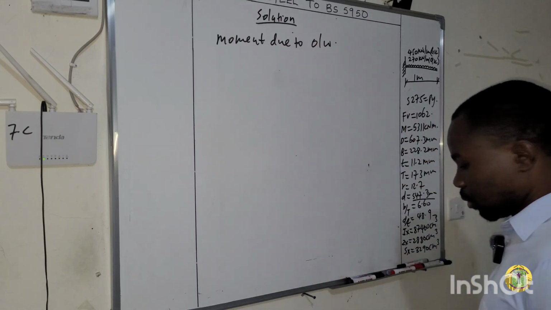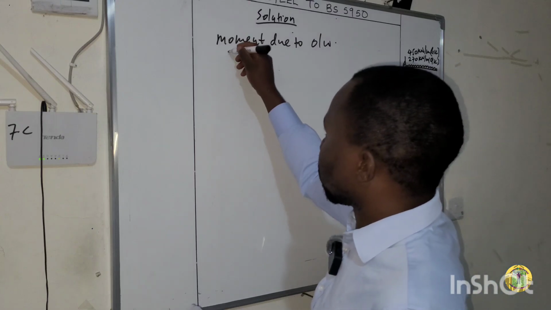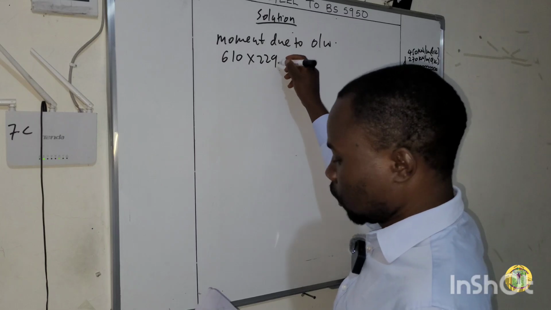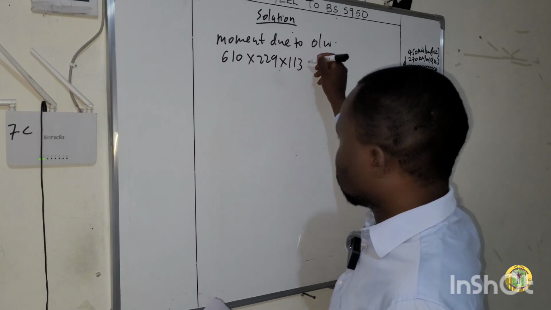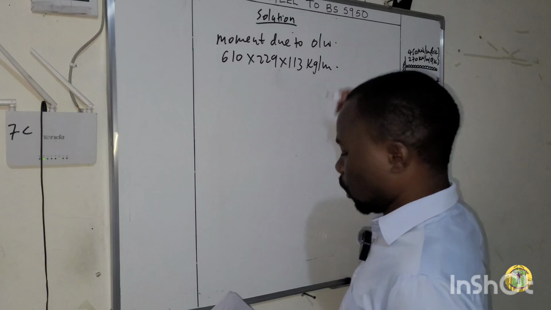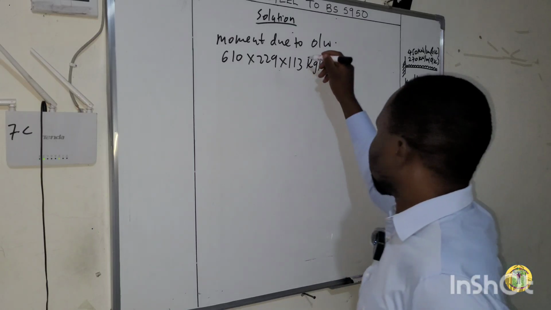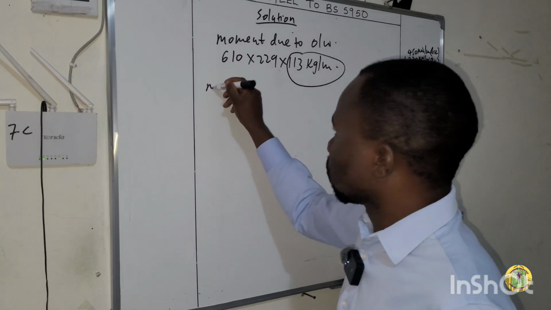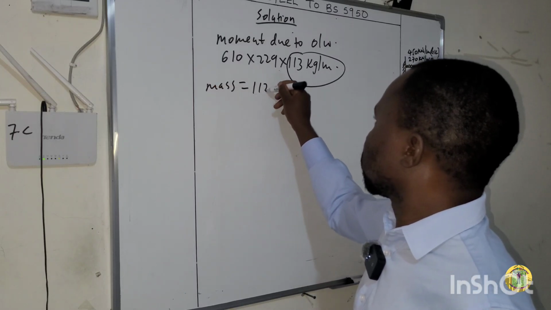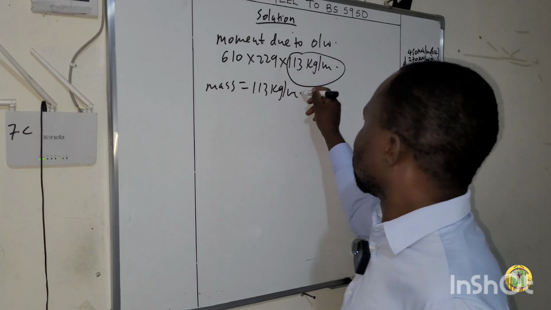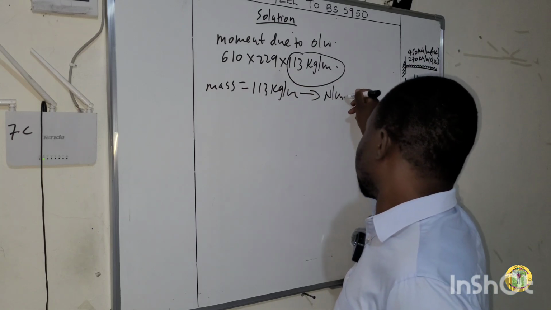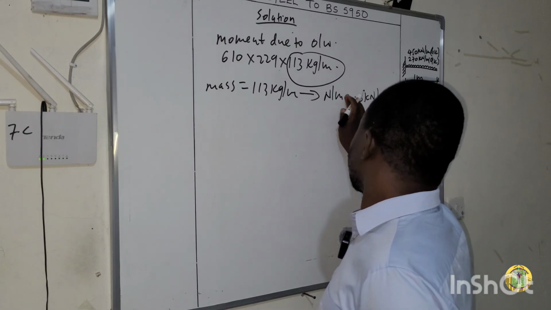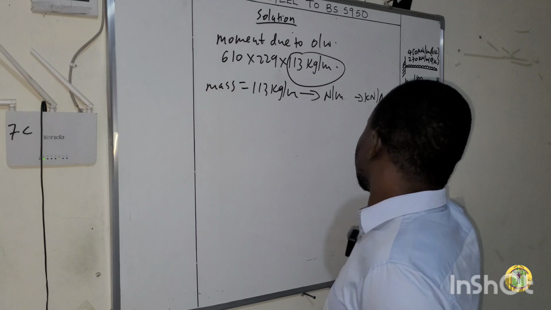Remember our section we selected, it was 610 times 229 times 113 kilogram per meter. So we want to use this mass. So mass is equal to 113 kilogram per meter. We convert it from Newton per meter to kilonewton per meter.